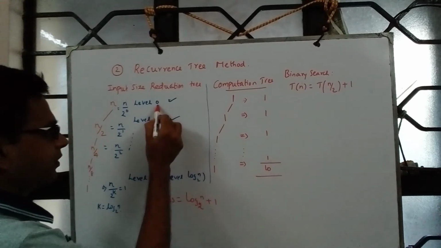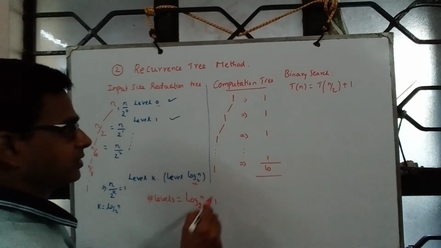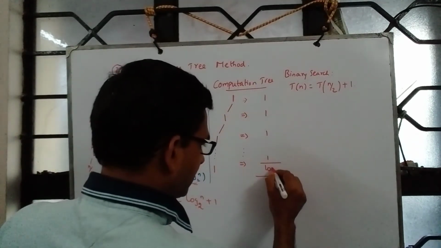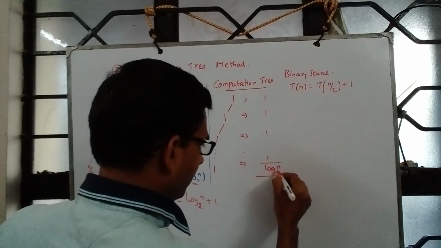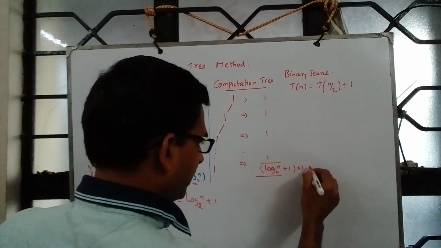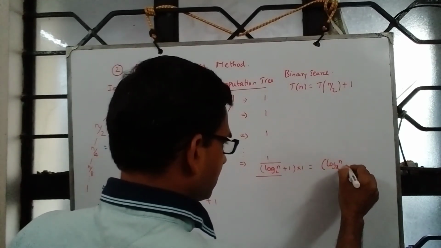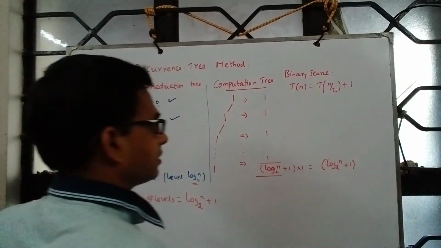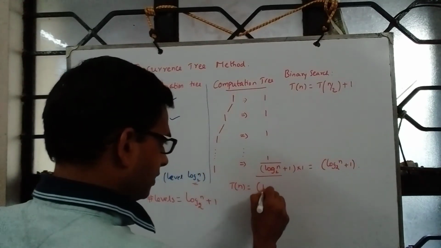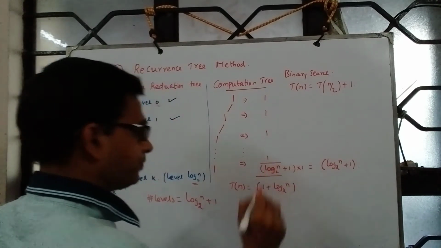So at each level we spend 1, which means it is log n base 2 plus 1 into 1. So the cost of this approach is so much. Our solution to the recurrence is 1 plus log n base 2.